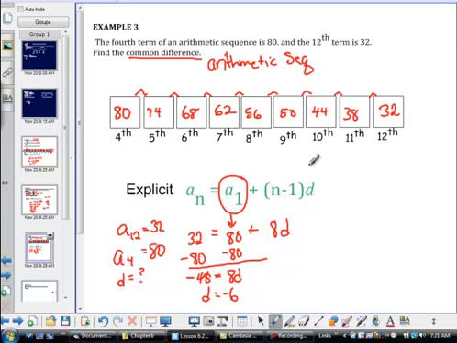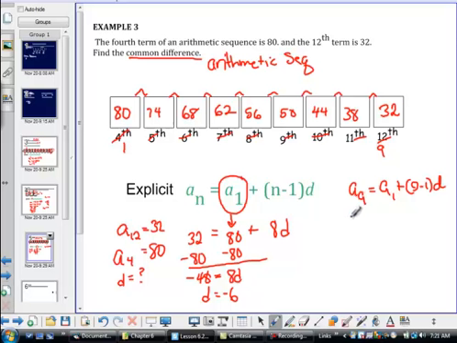Now, if you're somebody who wanted to do this outright, you could have just said, okay, I'm going to make this my first term, 2nd, 3rd, 4th, 5th, 6th, 7th, 8th, 9th. And you could have just done perfect substitution. The 9th term is found by taking the first term and adding on n minus 1 differences.